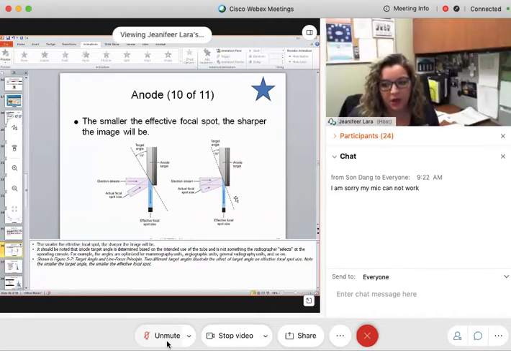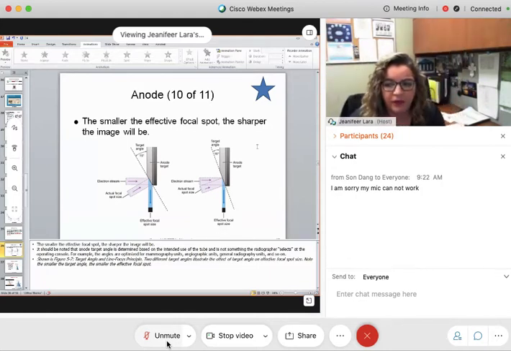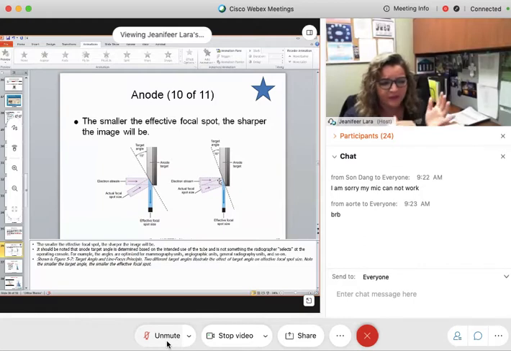Beautiful. So a small effective focal spot is what I desire, what all of the imaging society desires. However, we want to have enough electrons to come over because this is so inefficient. The conversion of those electrons bombarding the target makes 99% heat.